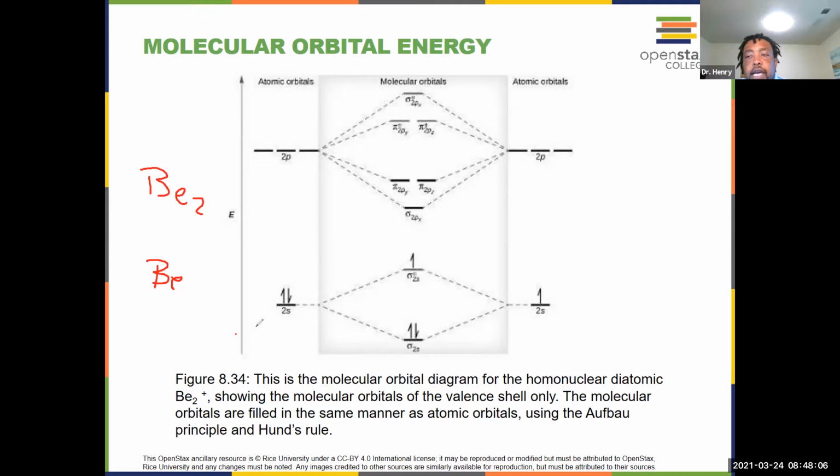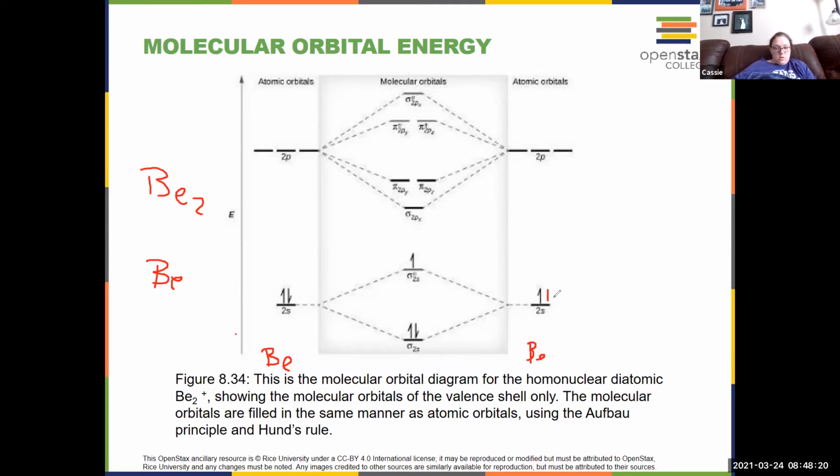Okay, so if we go through, and first do Be, this is going to represent the atomic orbital, just for one Be. We know that Be has two valence electrons, is that correct? Yes. So this is what it's going to look like for each of the Be atoms.